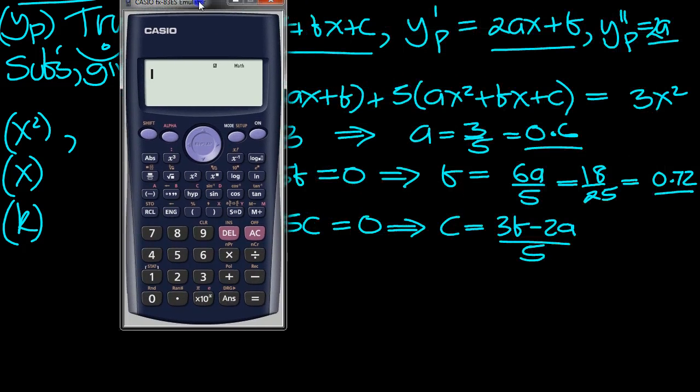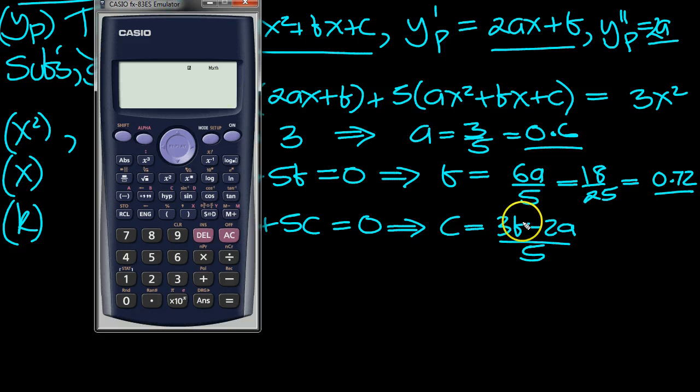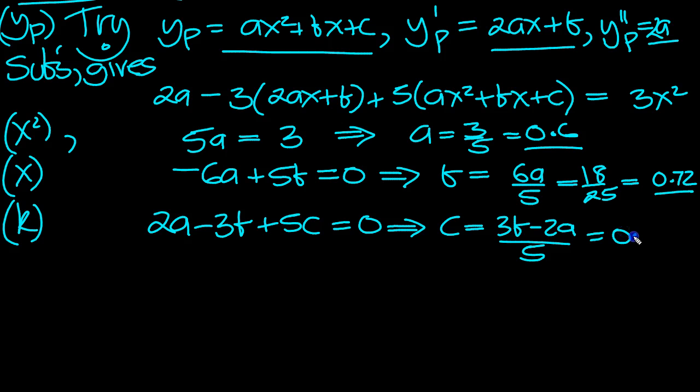So that's 3 times b, so 3 times 0.72, minus 2 times a, and a was 0.6. That's the top part of the fraction. Divide that by 5, and we get 24 over 125. Let's get the decimal for that. It's equal to 0.192. So we'll deal in decimals because the fractions are starting to get awkward.